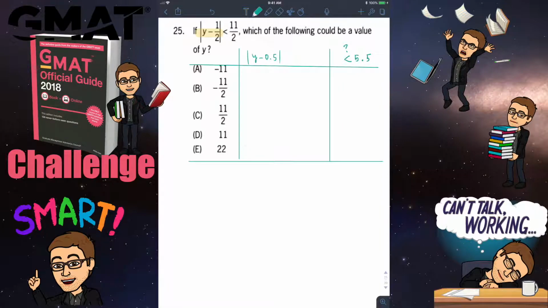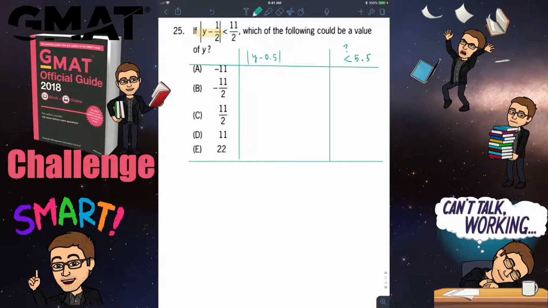Basically, I'm going to go through all these answer choices, plug in the value of y, and calculate the value of the absolute value of y minus 0.5, and then compare it to 5.5. If it's less than, I'm going to put a yes. If it's not less than, I'm going to put a no. And apparently, what we want is yes. And that would be our answer.